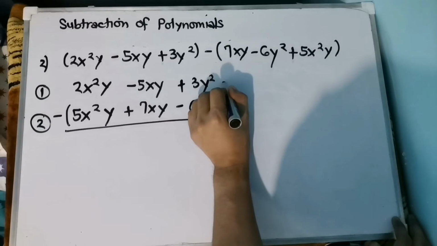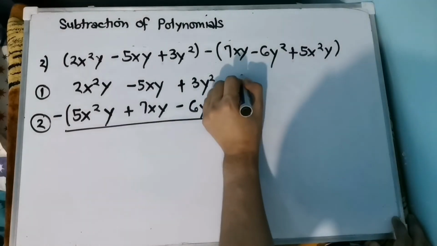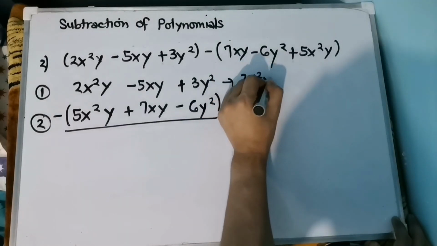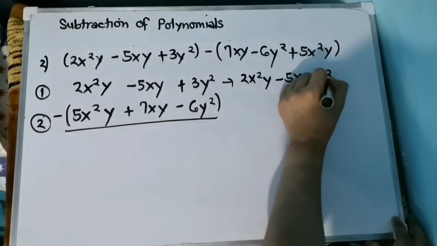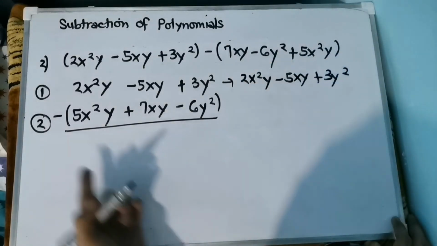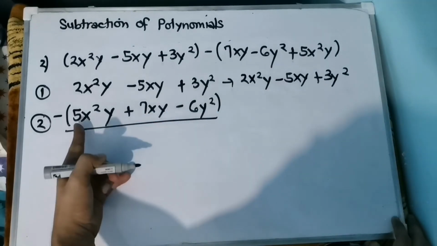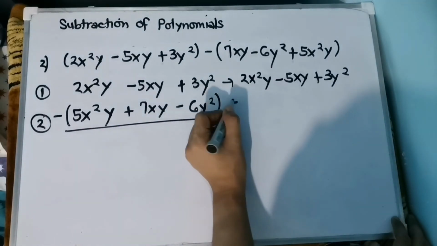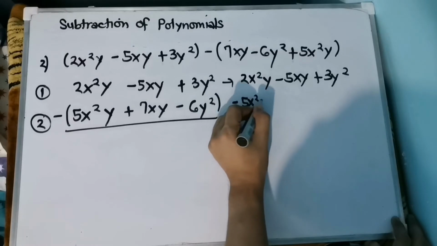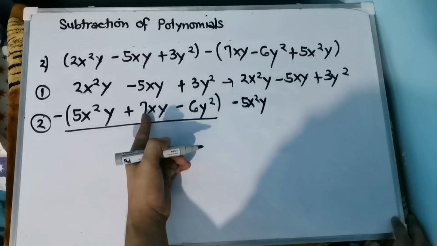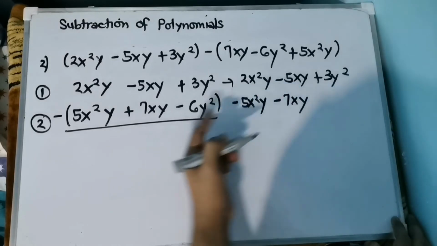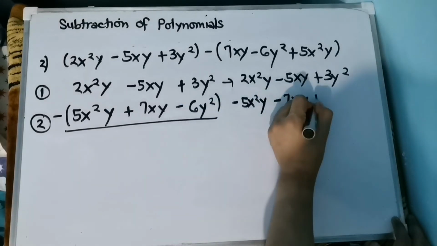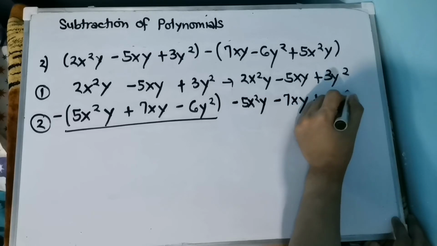And then we just copy the minuend, 2x squared y minus 5xy plus 3y squared. And then we need to change all the signs. From positive, it will become negative 5x squared y. Positive 7xy becomes negative 7xy. And from negative, it becomes positive 6y squared.